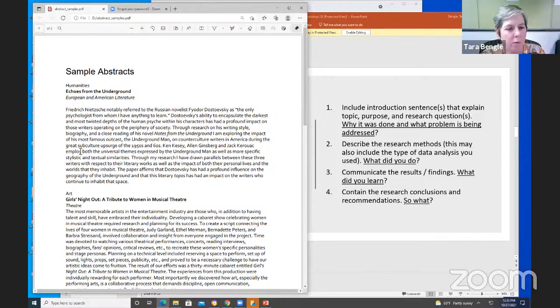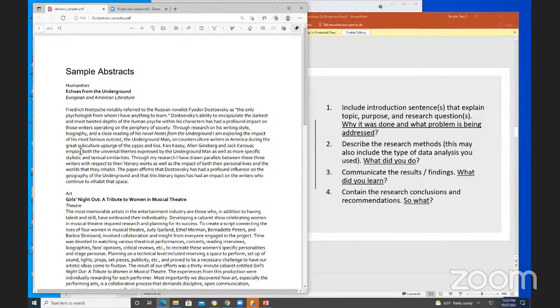Based on that, what sentence there includes the topic and purpose in the research statement? The first one, I assume.